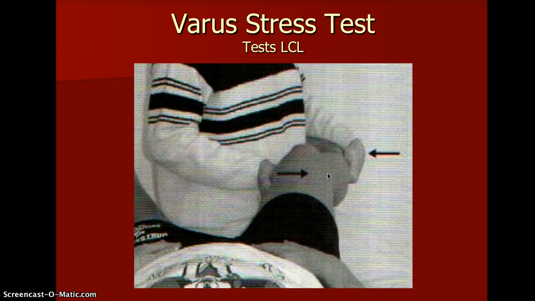So if the LCL is intact, then you'll get a good end feel. If it's not intact, then you will get a lot more opening. The end feel will not be as firm compared to the uninvolved side.